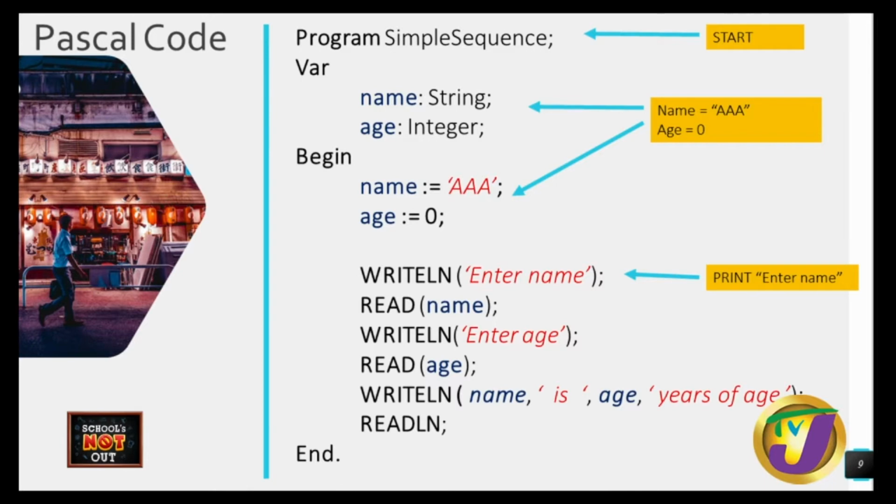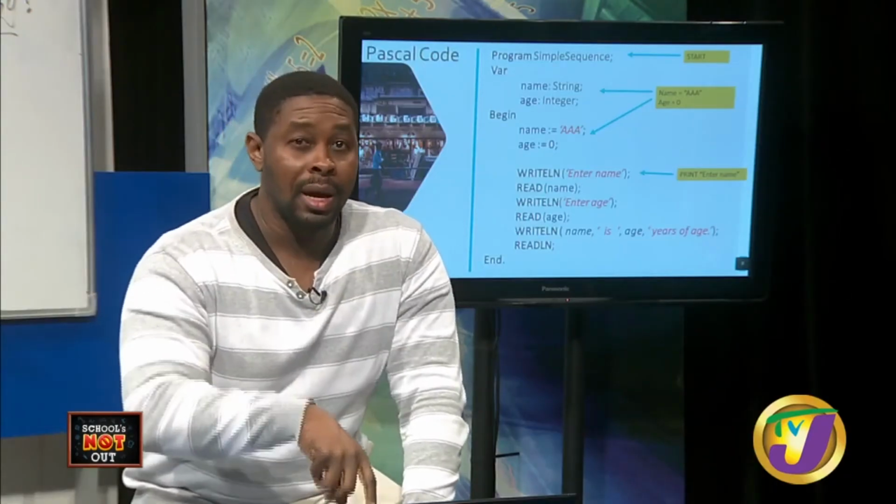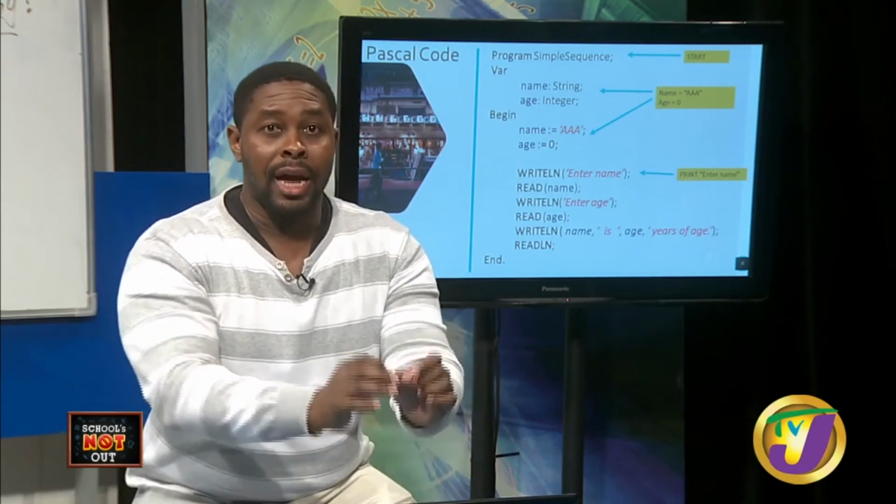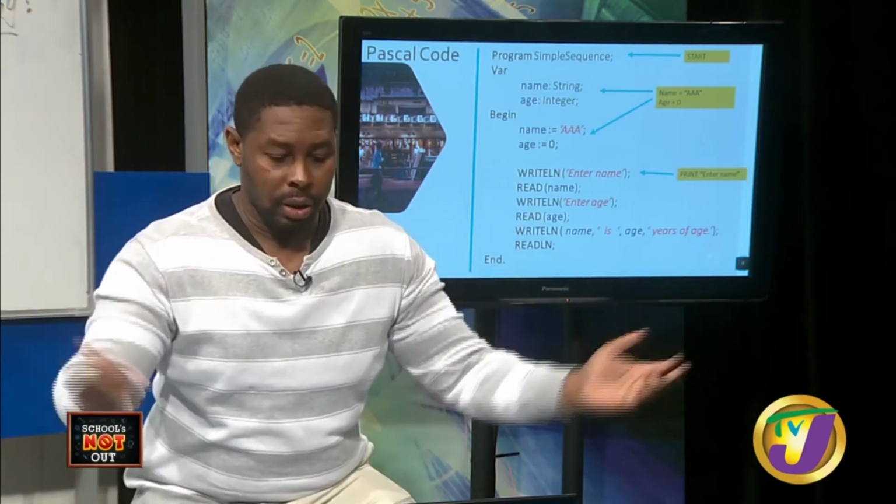All right? And that is the syntax. I'm trying to make a parallel between the actual pseudocode and the syntax for Pascal, so that you can see that it's just a matter of copying the pseudocode into your compiler and changing the syntax based on what you want to be done.